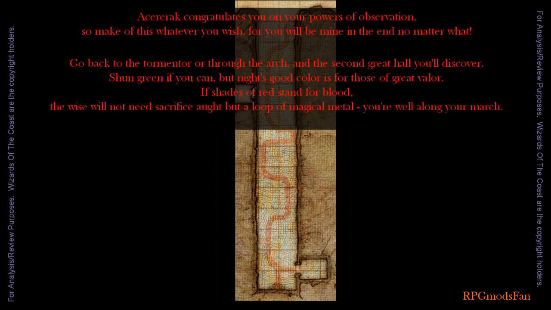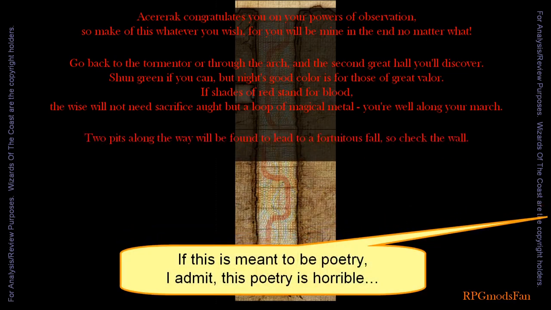Shun green if you can, but night's good color is for those of great valor. If shades of red stand for blood, the wise will not sacrifice aught but a loop of magical metal. You're well along your march. 2 pits along the way will be found to lead to a fortuitous fall, so check the wall.